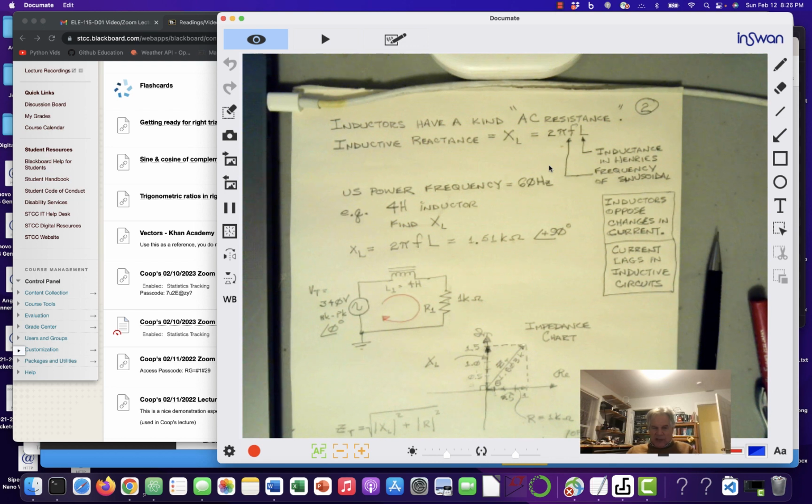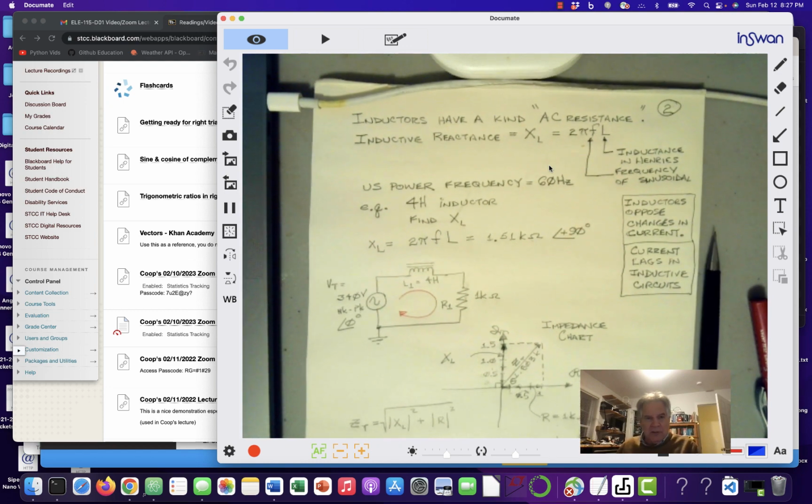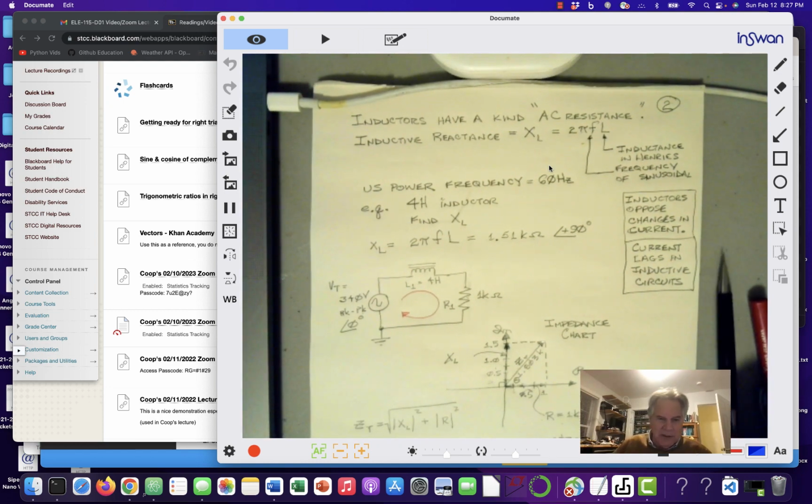So if you take the clip lead or the metal contact away slowly, you'll see that it will spark and arc, as they say, because the voltage gets high enough to break down the air between the inductor terminal and the alligator clip that I was using to put that current in the inductor. Again, I will post that stuff in a way that you can find it in the same module in Blackboard.